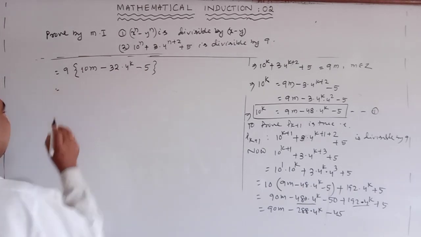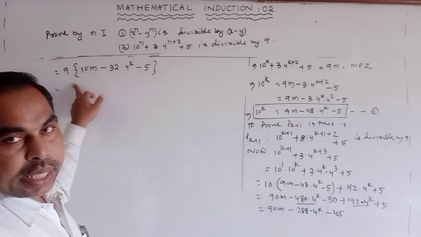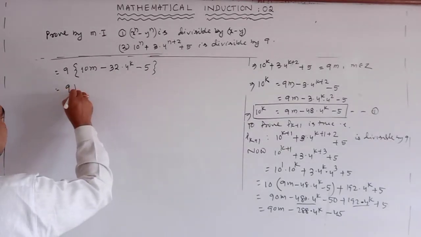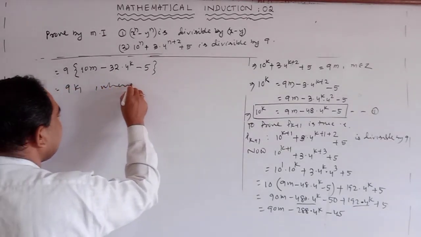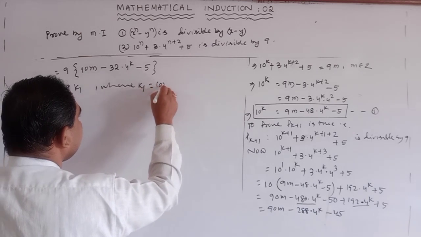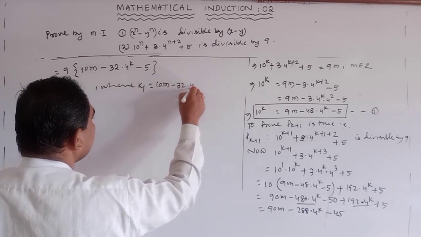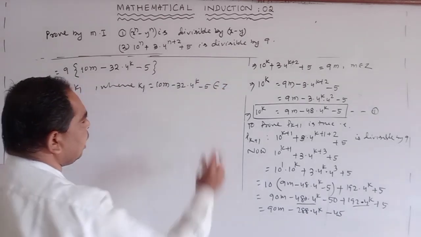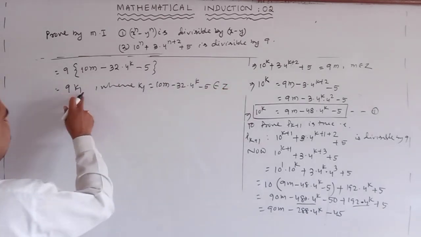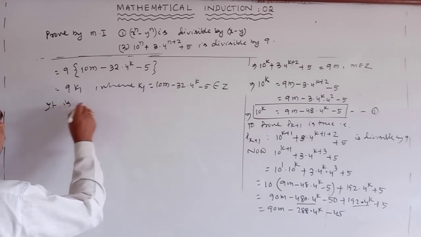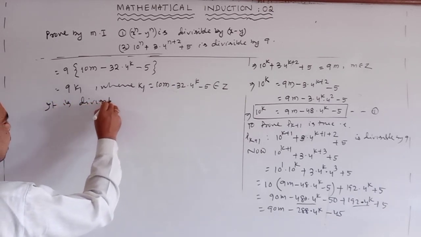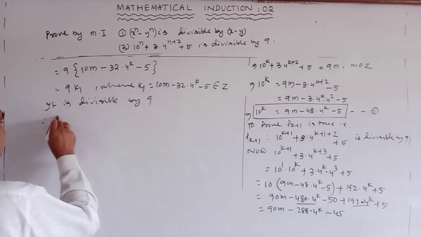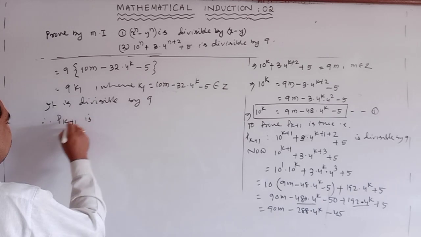So this is 9 times something, and 9 times something means it is divisible by 9. So we can write this is 9 into k1, where k1 is equal to 10m minus 32 into 4 to power k minus 5, which belongs to the set of integers Z. So 9 into k1 means it is divisible by 9. Therefore Pk plus 1 is true.